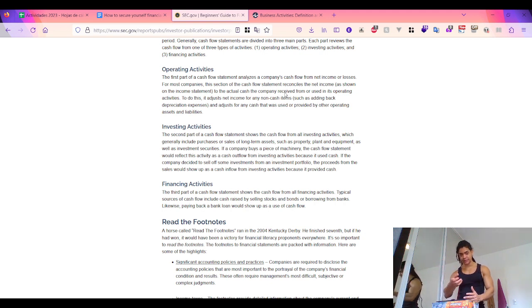And other operating assets are intangible assets. Here we can find the patent, an exclusive right for inventors to create, manufacture, and distribute their invention over a period of time.